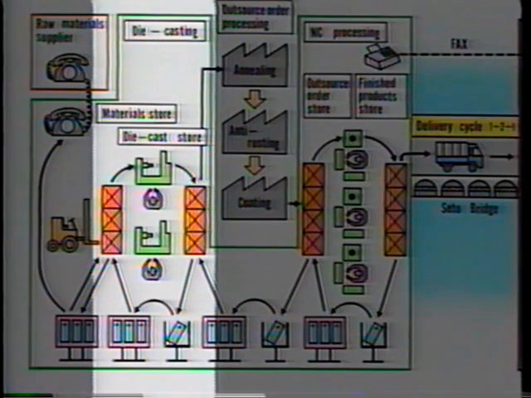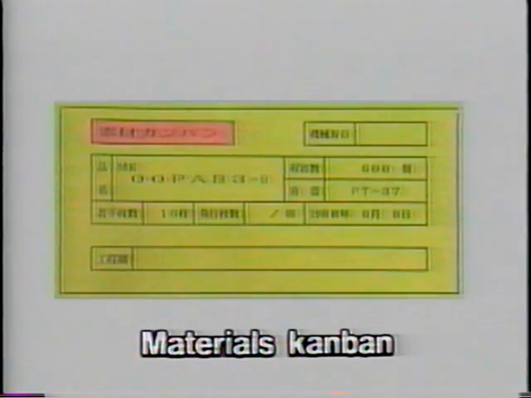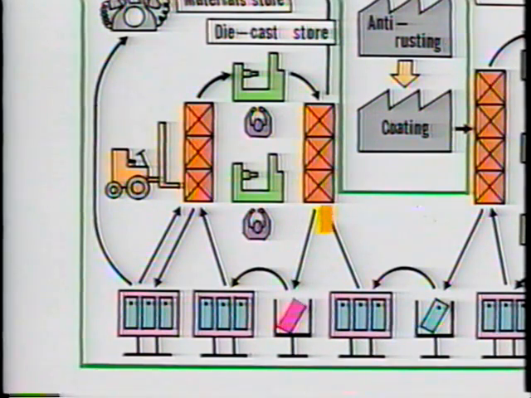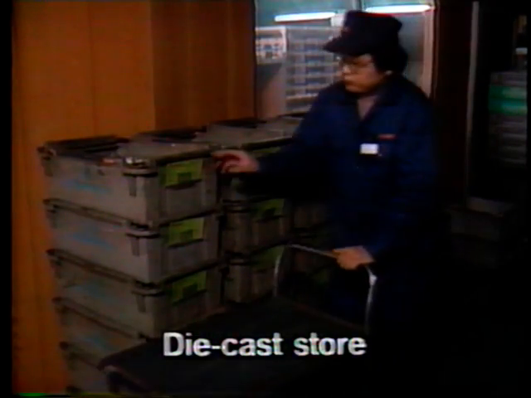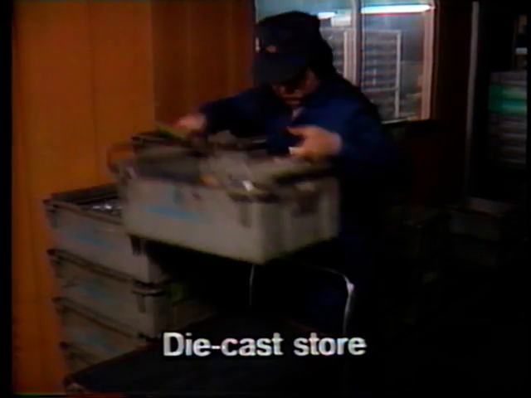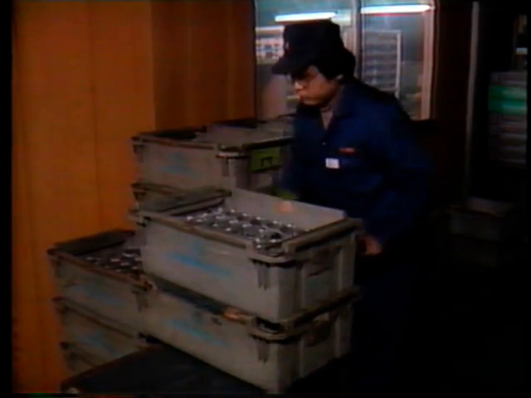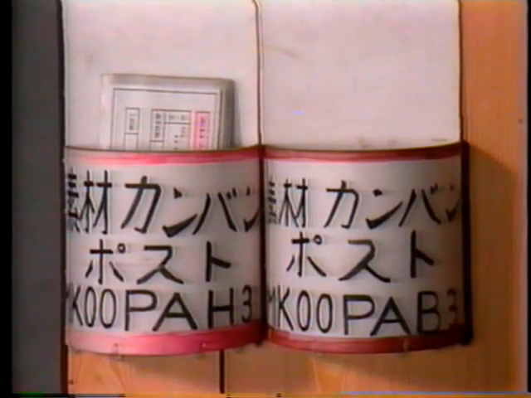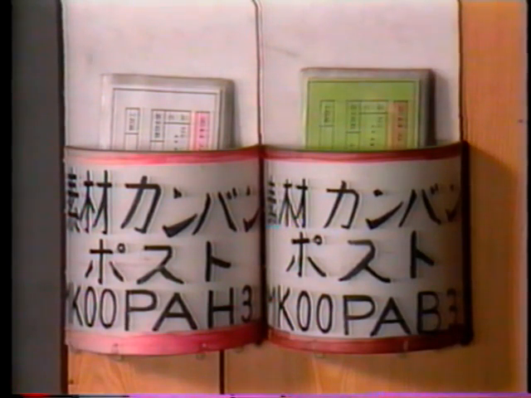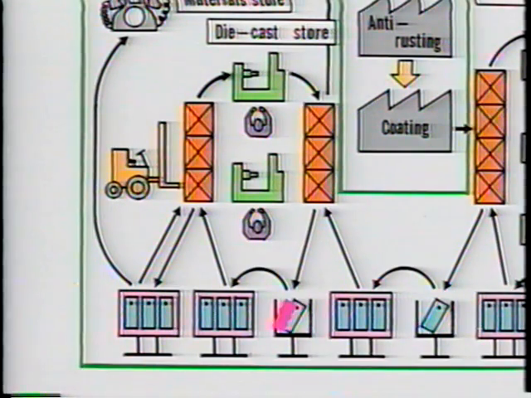Next, the cycle for materials Kanban. When die-cast workpieces are removed for outsource order processing, the materials Kanban are removed and put in the Kanban mailbox. They are sorted out at the order box and served to give die casting instructions.